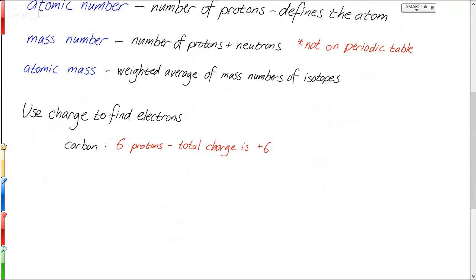So if you have 6 protons, each with a +1 charge, the total charge of a carbon nucleus is +6. Any atom in its regular atomic state is a neutral atom. So how many electrons would you have to have if you wanted the atom to be overall neutral? 6, right? Because you got 6 plus, you need 6 minus to get back to neutral.